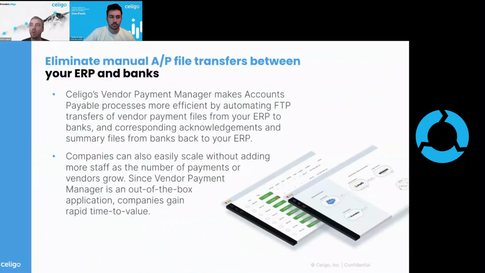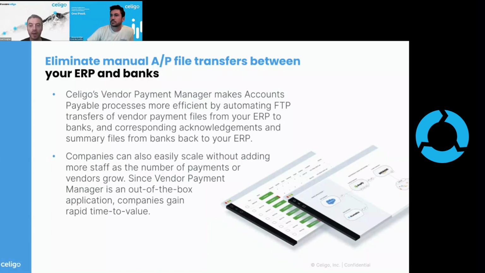And how Celigo helps from an accounts payable perspective is we have what's called Celigo's Vendor Payment Manager. And really it's about making accounts payable processes more efficient by automating FTP transfers of vendor payment files from your ERP to banks, and corresponding the acknowledgements and the summary files from banks back to your ERP, right?